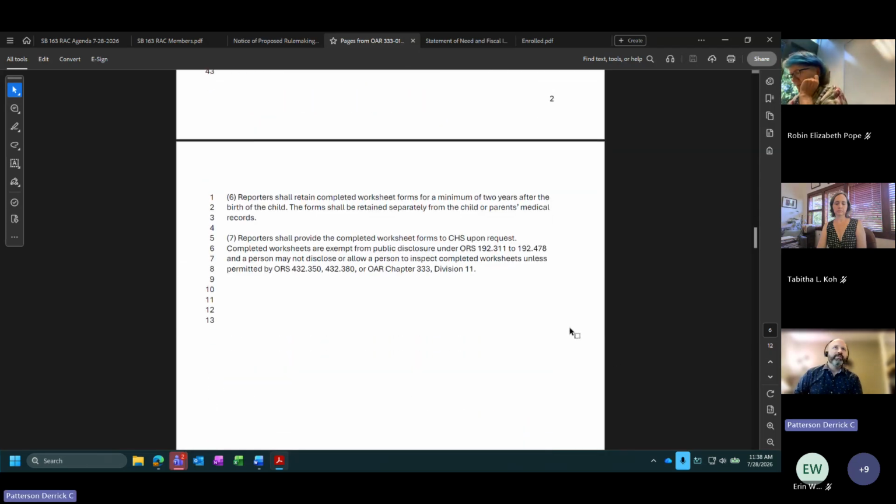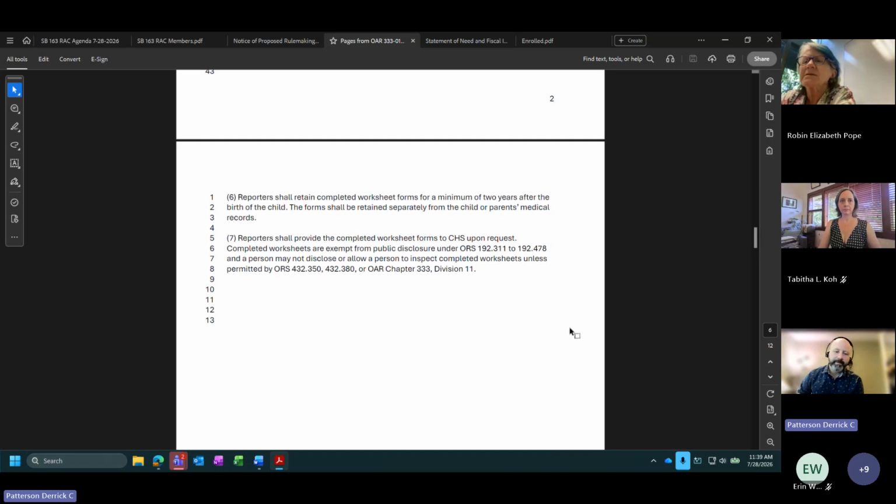Section 7, reporters shall provide the completed worksheet forms to CHS upon request. Completed worksheets are exempt from public disclosure under ORS 192.311 to 192.478. And a person may not disclose or allow a person to inspect completed worksheets unless permitted by ORS 432.350, 432.380, or OAR Chapter 333, Division 11. Any questions or comments on section 7?